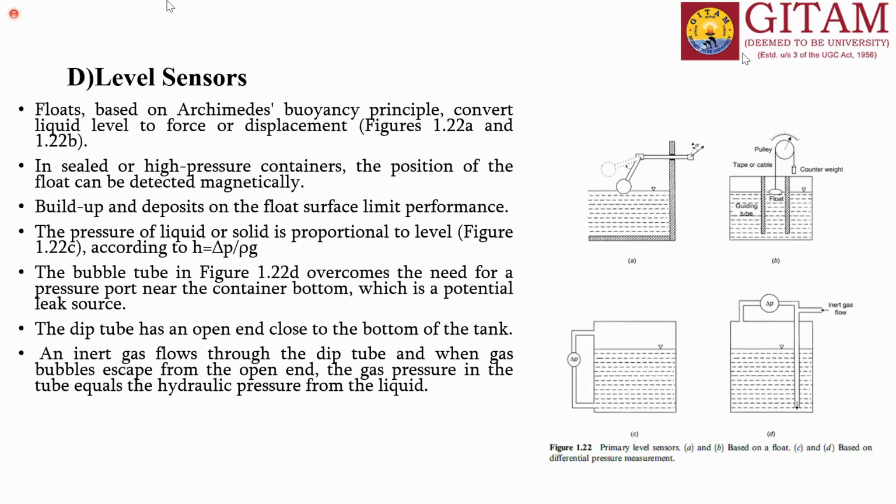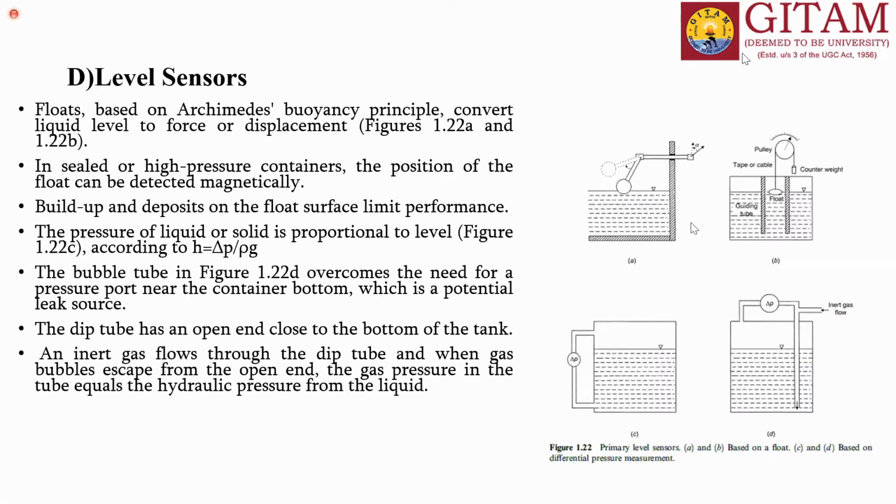Next parameter, students, the level sensors. If you want to measure the level in this tank, we can use a number of methods. Floats based on Archimedes buoyancy principle convert the liquid level to force or displacement.